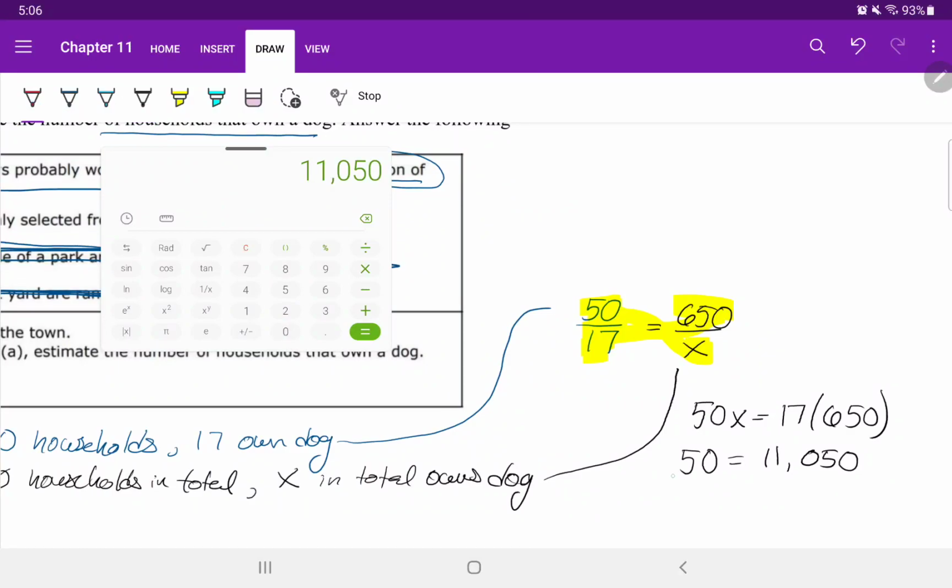We want to solve for X. I forgot my X there, so that's 50X. To solve for X, let's divide both sides by 50. That simplifies out. X is equal to 221.